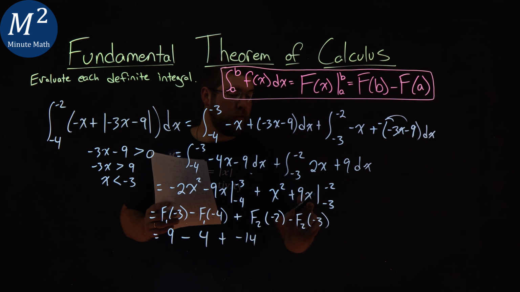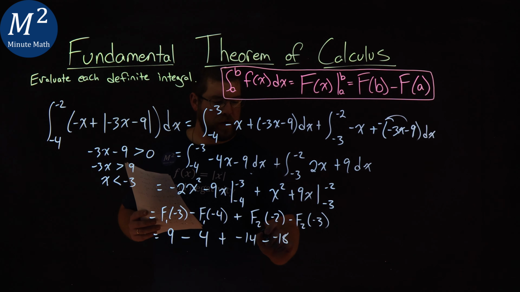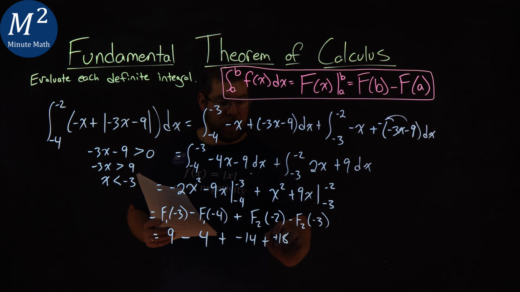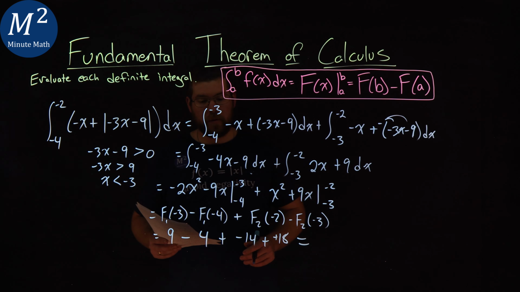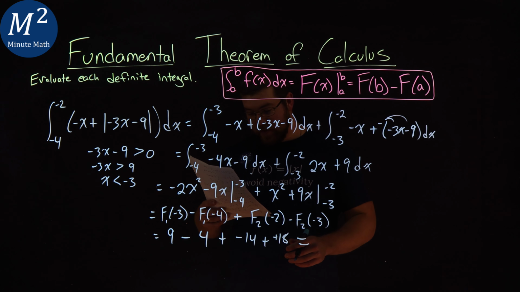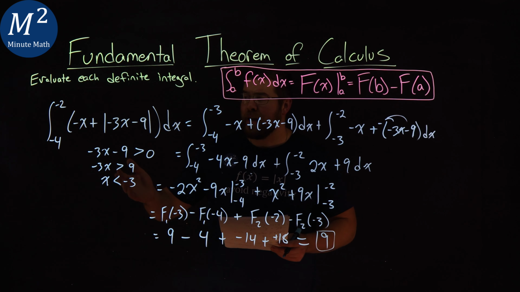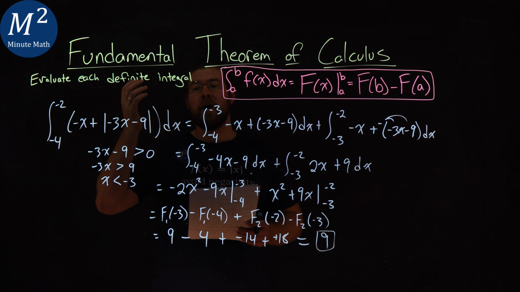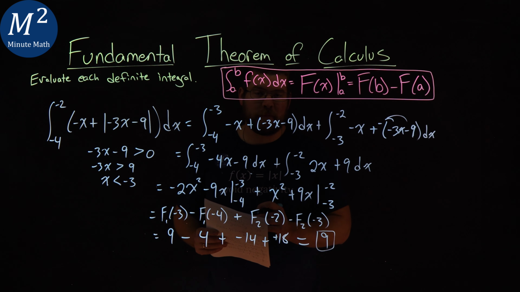We plug negative 3 into our second integral, and we get a negative 18, where we're subtracting that here. So subtracting negative 18 is the same thing as adding a positive 18. All of this simplifies: 9 minus 4 plus negative 14 plus positive 18 is a positive 9 when it's all said and done. So our integral from -4 to -2 of our function when broken up is a positive 9.